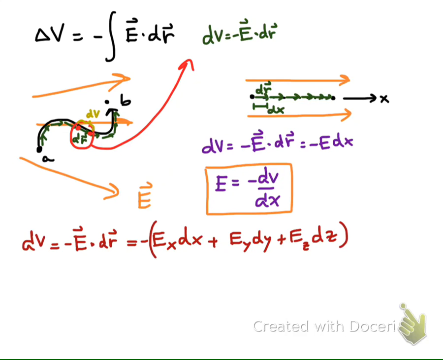You can see that we can interpret this relation as dV being the summation of three terms.